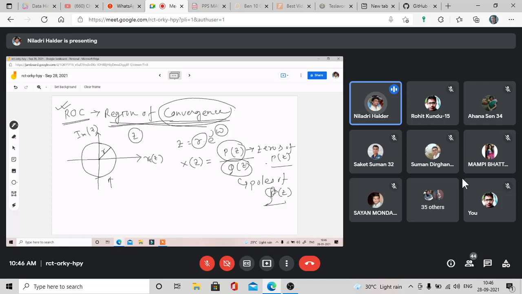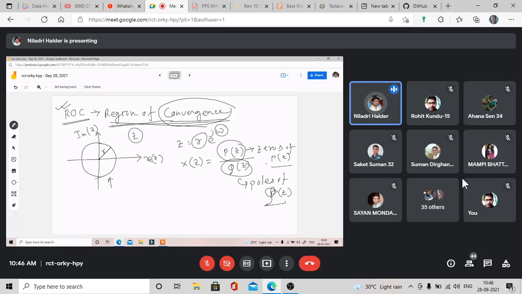How? See that example, that will be clear. Suppose you have x[n] equal to a to the power n u[n]. Suppose you have that expression for x[n]. So for that case, you need to calculate the region of convergence.